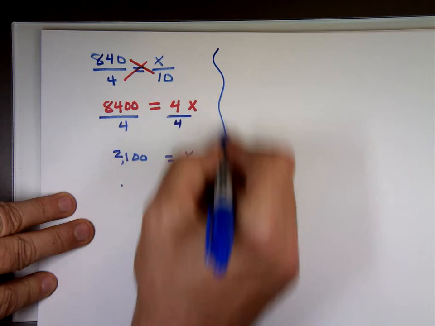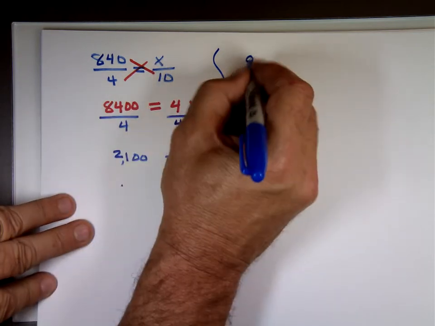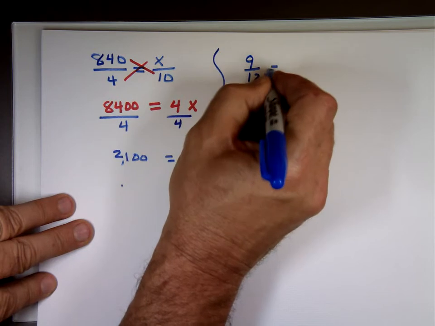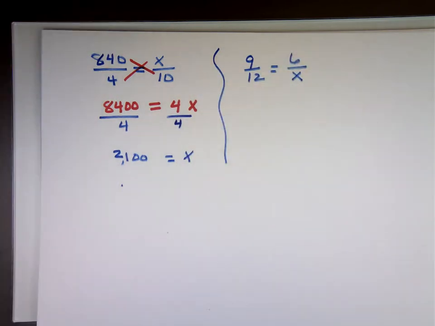The unknown does not have to be on the top alone. I could have 9 over 12 equals 6 over x. Solve it. So my unknown could be anywhere. Could be in the first one, the second one, top, bottom, it doesn't matter.